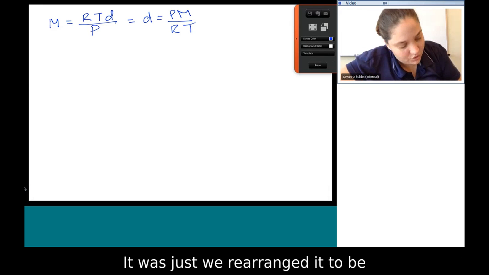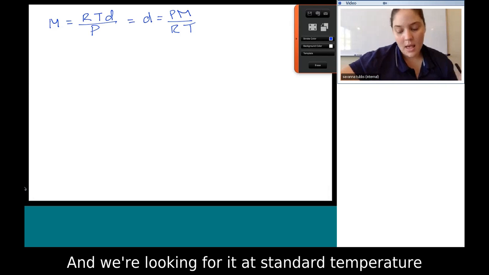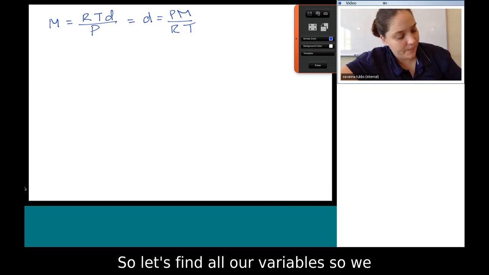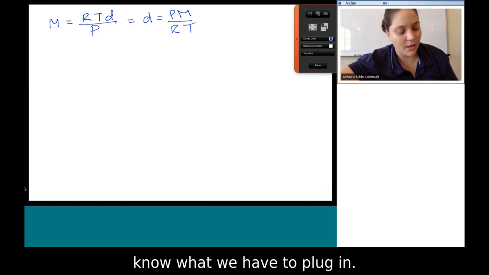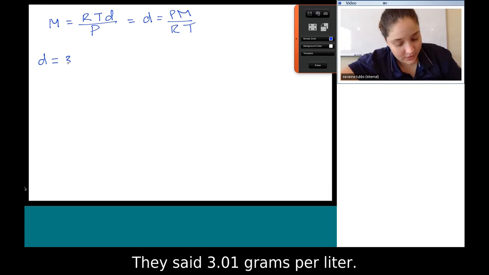We just rearranged it to be able to find what we're actually looking for. And we're looking for it at standard temperature and pressure. So let's find all our variables so we know what we have to plug in. So our density they actually gave us. They said 3.01 grams per liter.